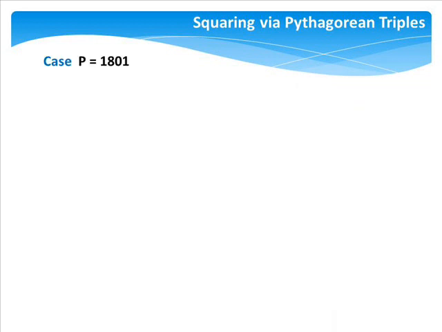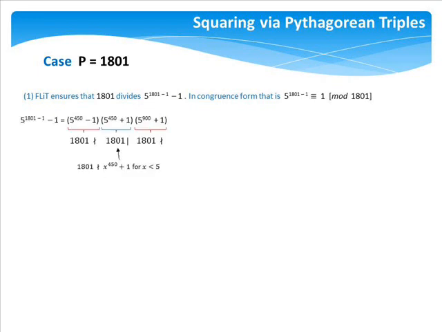Let's now consider another case, prime 1801. Fermat's little theorem ensures that that prime divides 5 raised to 1801 minus 1. In fact, all bases less than that prime work too, but 5 in particular grants that 5 raised to 450 plus 1 is divisible by that prime. That is, it ensures a sum of 2 squares.